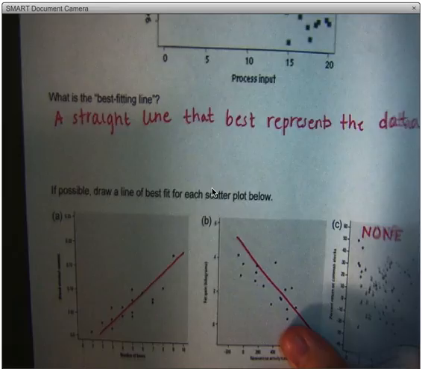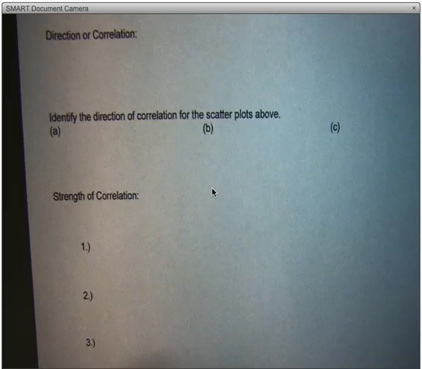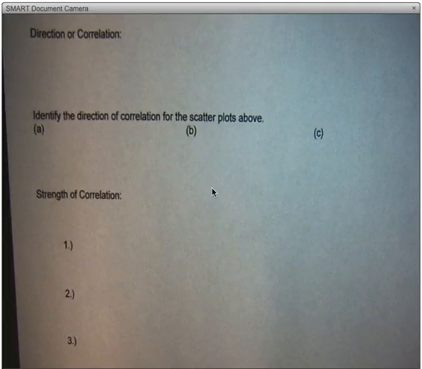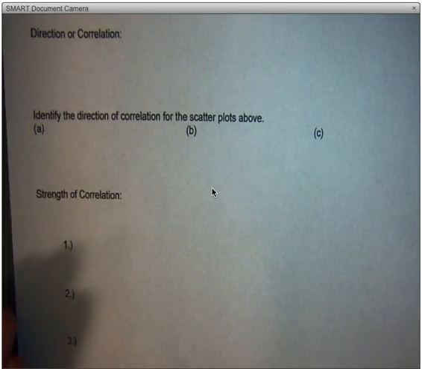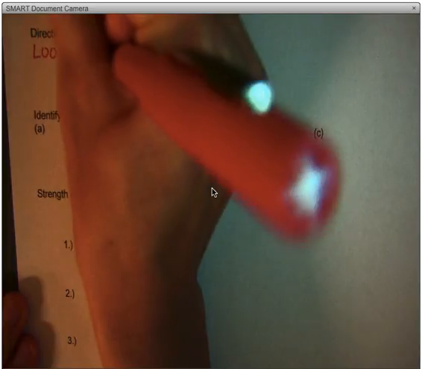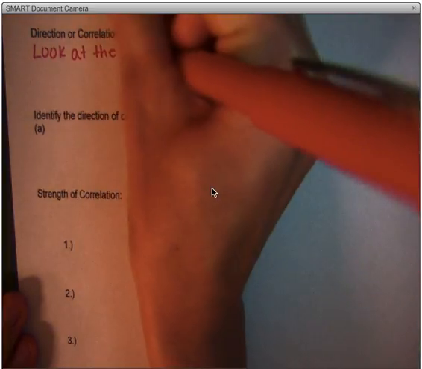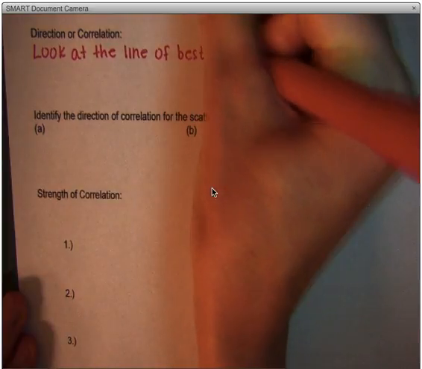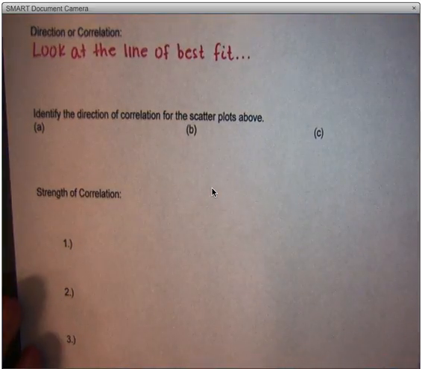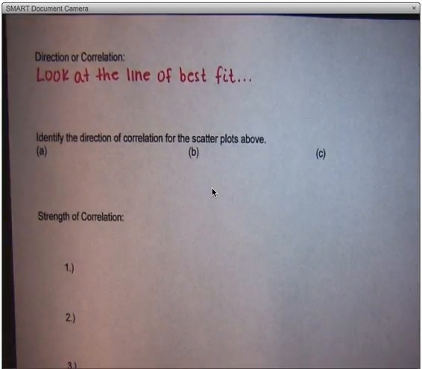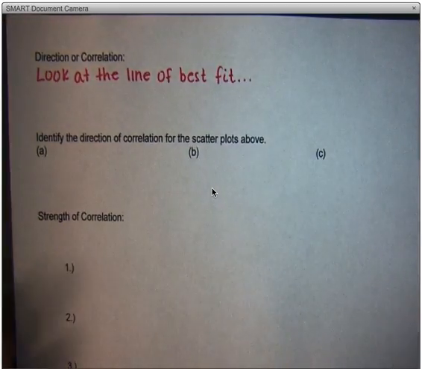Okay, so from a best fit line, we can identify something called the direction of correlation. So to find that, we're going to look at the line of best fit. Okay, after you draw your line of best fit, there's 3 different scenarios.